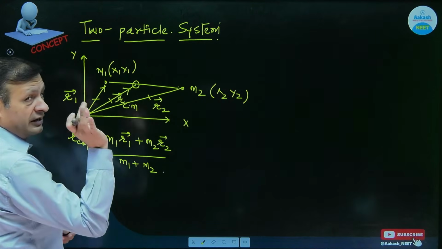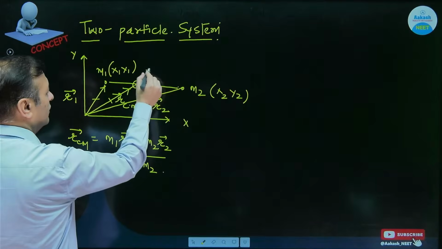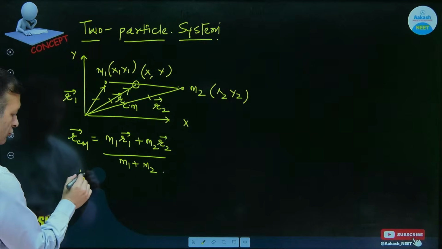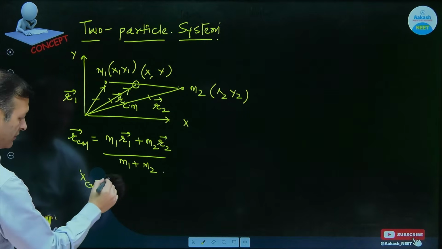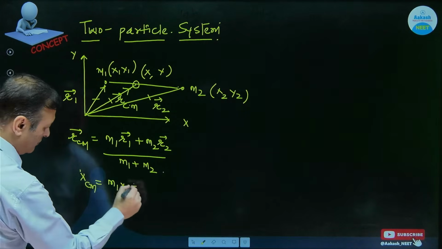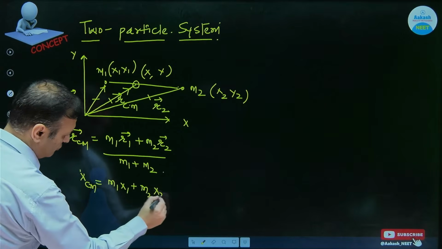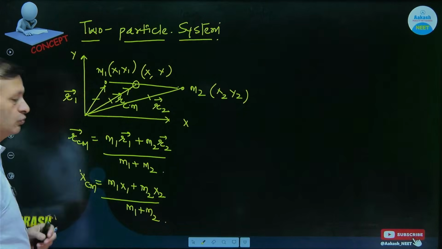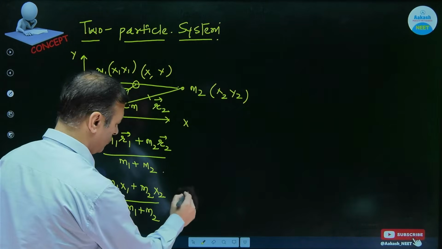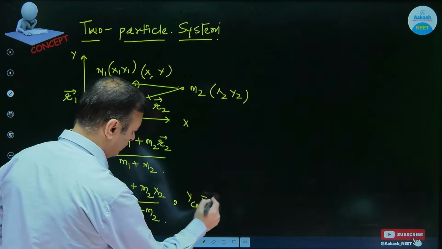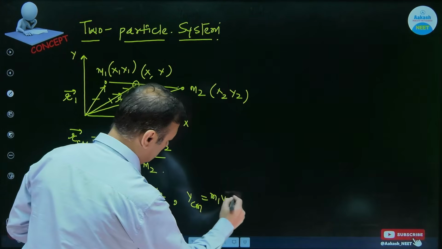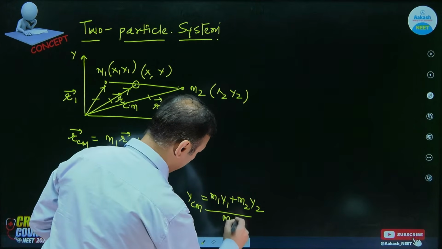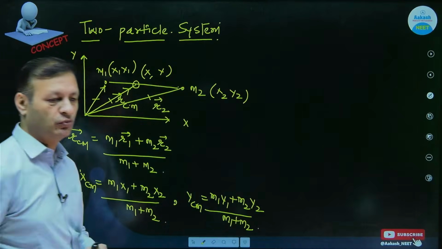Because this is again a coordinate point, it also has x and y coordinates. So the x coordinate of the center of mass is m1 x1 plus m2 x2 by m1 plus m2. Similarly, the y coordinate of the center of mass is m1 y1 plus m2 y2 by m1 plus m2.